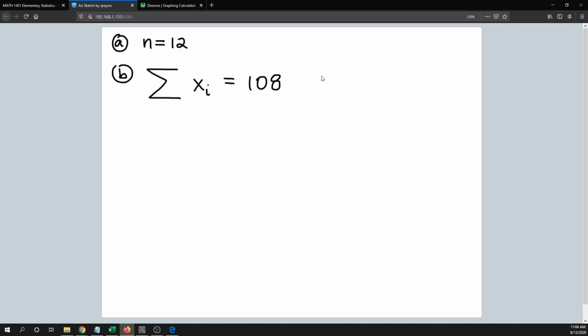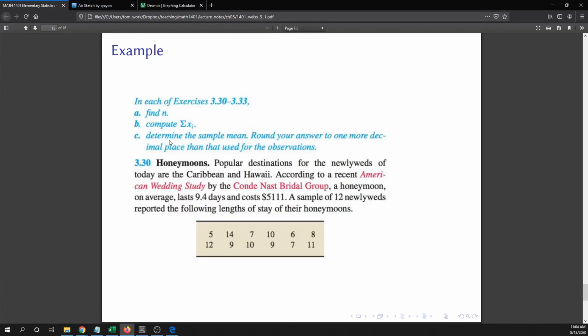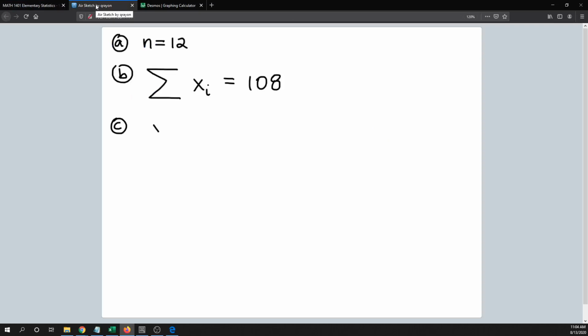All right, part C. They want to know the sample mean. So the sample mean, that's x bar, the symbol that we're using. The formula, with the new notation that we're using, is the sum of the x sub i's over n. We know both of those things.